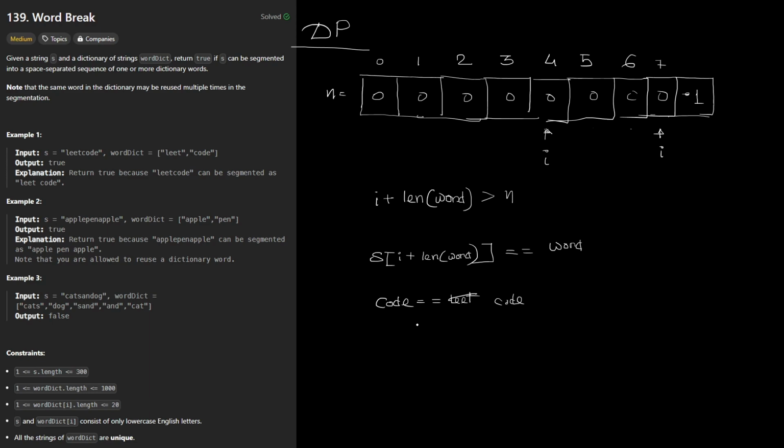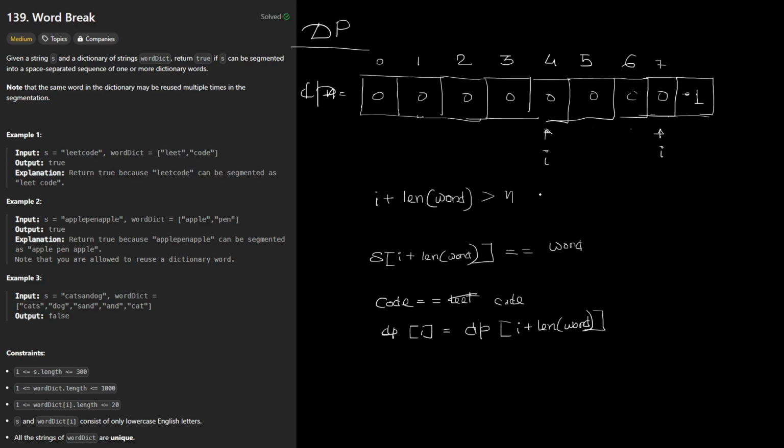Then, this array is dp. So dp of i is going to be dp of i plus length of word.